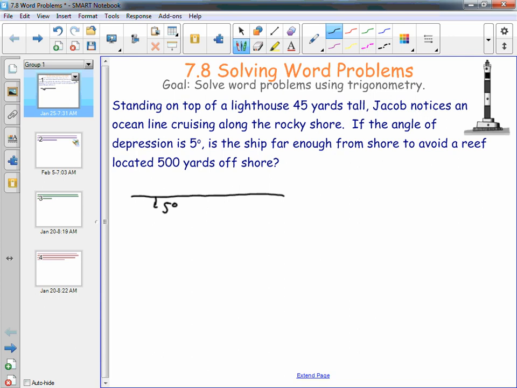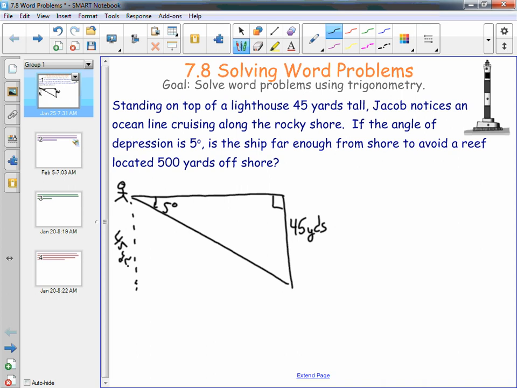And so here is Jacob up on top of this lighthouse, and he is looking down at an angle of 5 degrees. And thus we create a right triangle. We know that he is 45 yards tall, so he's up 45 yards, which corresponds to 45 yards over here.